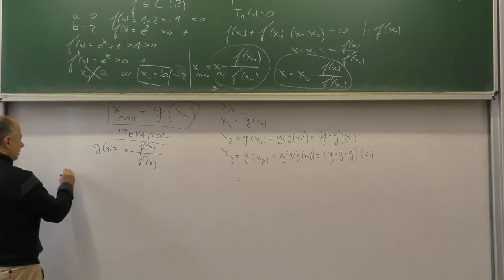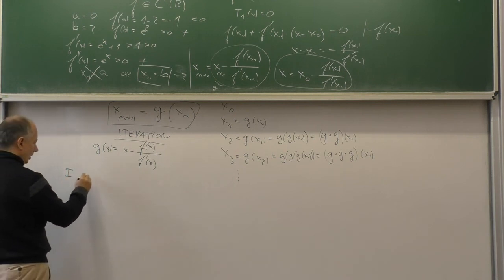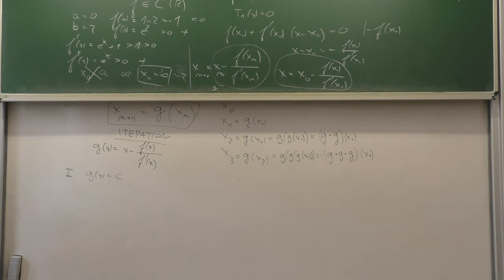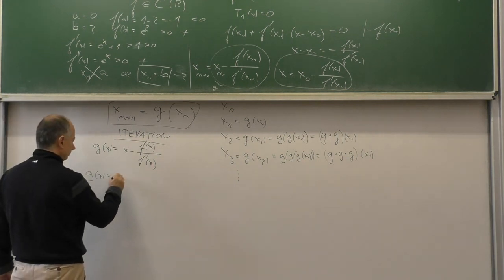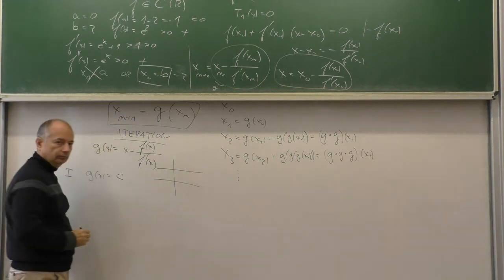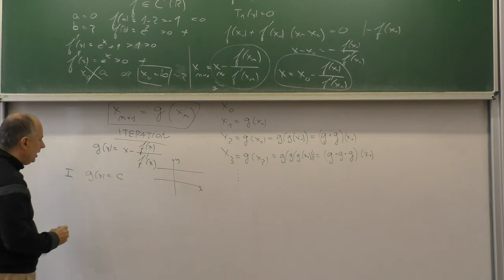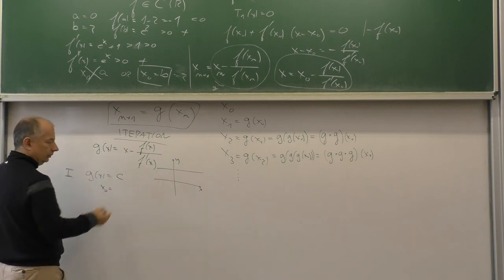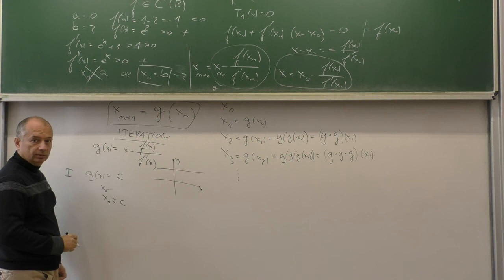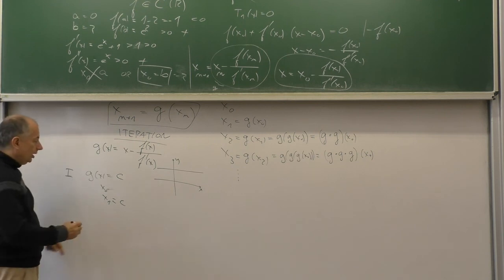First, if g is a constant, then starting with any x0, x1 is g, which is the constant, and x2 is g at c, which is again a constant.